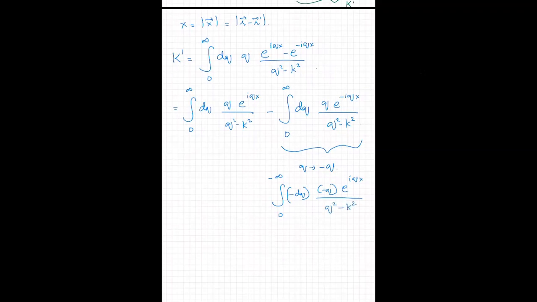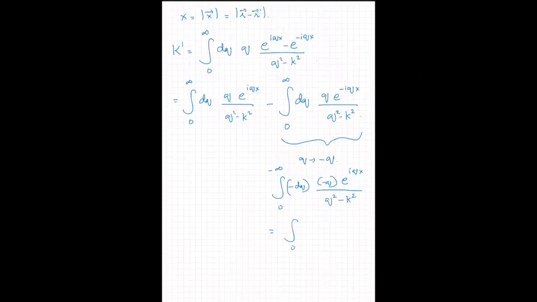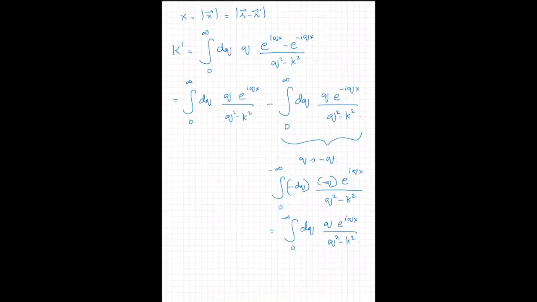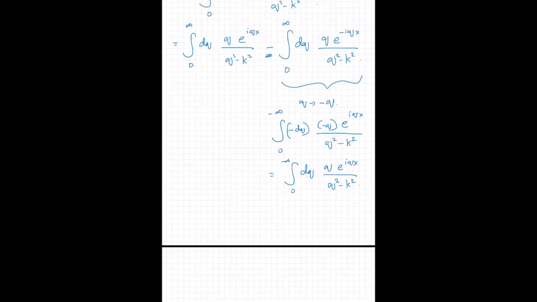So what is this equal to? Two of these guys, there's two negative signs. So this is basically 0 to minus infinity dq q e to the iqx over q square minus k square. Okay, I'm just doing a change of variables, which I can always do. But notice that there is a minus sign in front of this integration. So I can use this minus sign to flip the order of integration from minus infinity to 0.